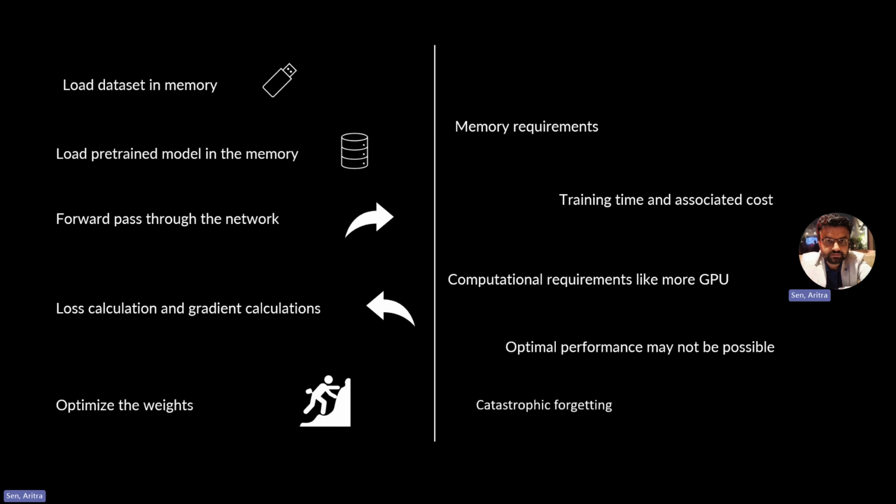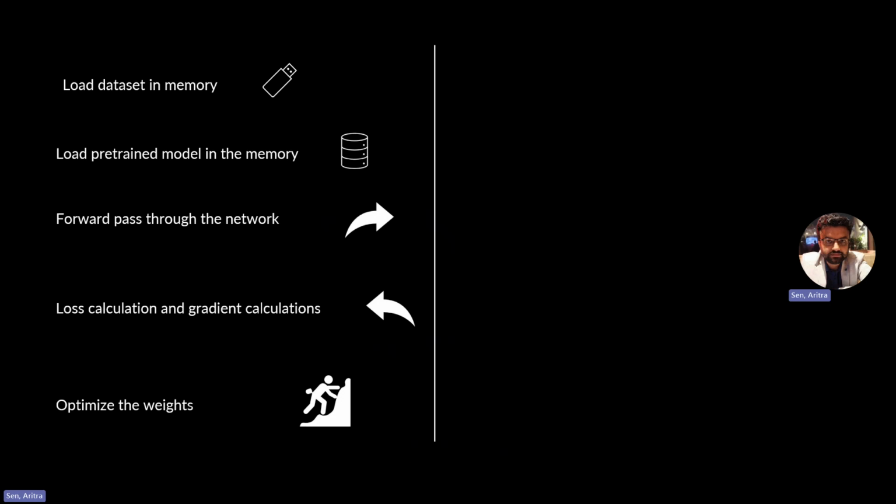Generally it does well on certain tasks, but it might forget those behaviors and patterns and will not be able to do the task for which it was previously pre-trained. That's what we call catastrophic forgetting. So that can also happen.